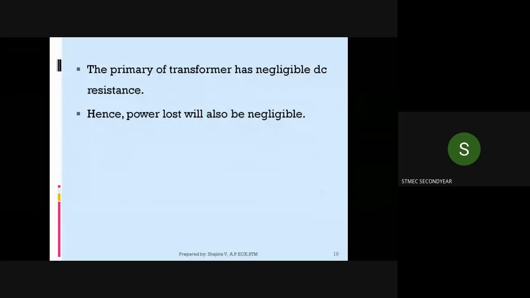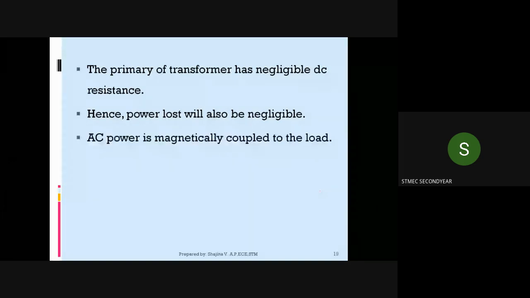That means DC power loss will be negligible and AC power is magnetically coupled to the load. So by using the transformer, the AC power is magnetically coupled to the load.